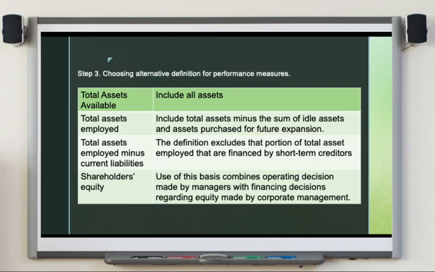Or total investment or total asset may be defined as total asset employed, which includes total assets less those assets that are idle or purchased for future expansion. In short, in using this kind of definition of your total investment, you only compute the return on those operating or used assets.